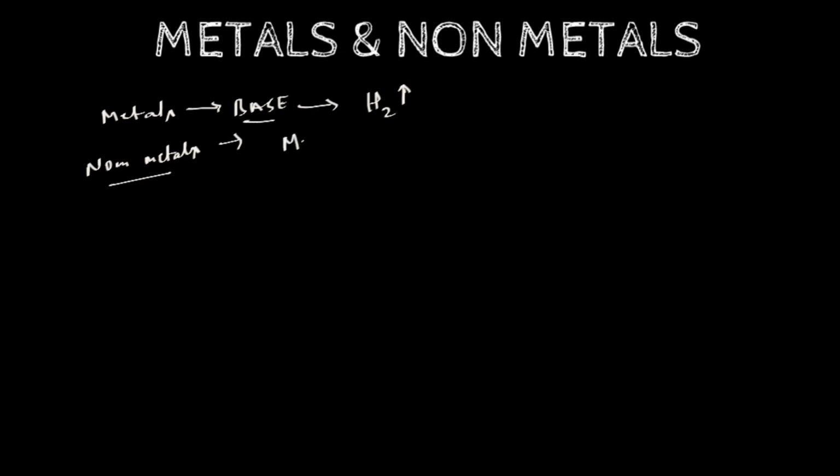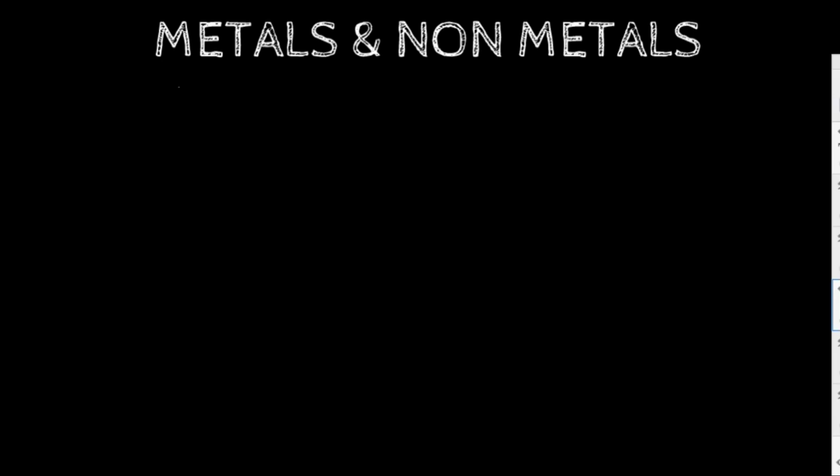Now let us see what happens when metals and non-metals react with a base. Simple thing, when a metal reacts with a base, it again releases hydrogen gas, whereas non-metals when treated with a base give a more complex reaction that you're going to learn in your higher studies.